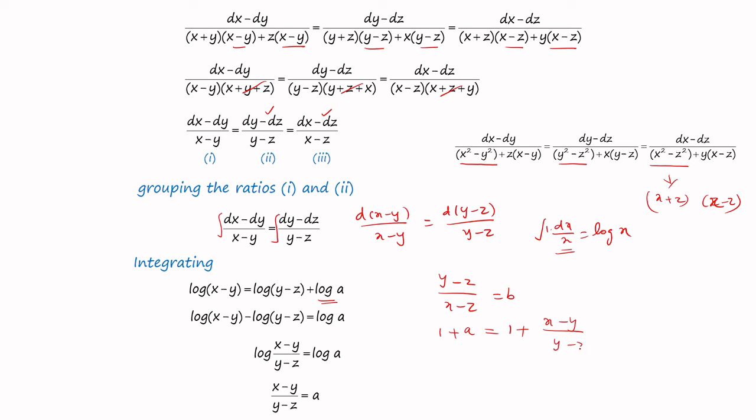What about this term? (Y minus z plus x minus y) divided by (y minus z). Here, plus y and minus y get cancelled. What about the remaining term? You have (x minus z) by (y minus z).